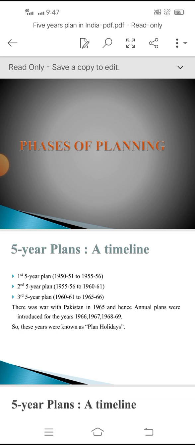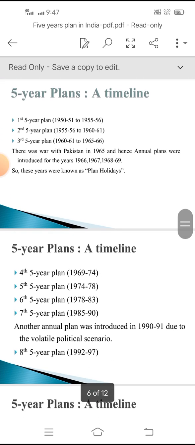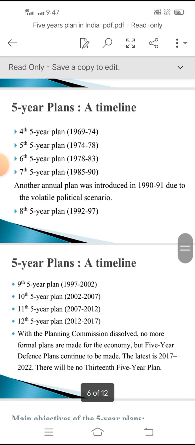So this time, 1966, 67, and 68 to 69, these years were known as the plan holidays. So there was no plan launched during that time. And the fourth plan was introduced in 1969 to 74, the fifth 74 to 78.